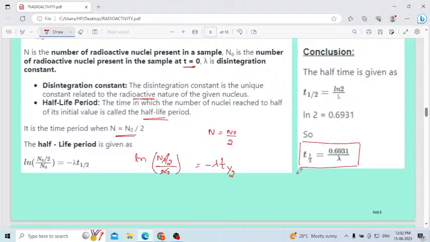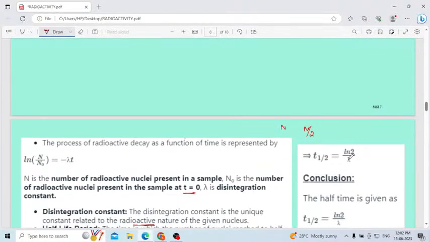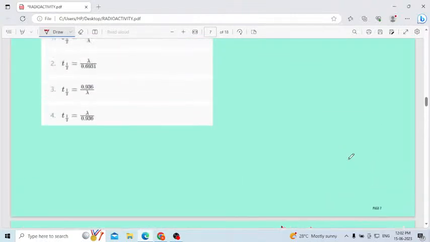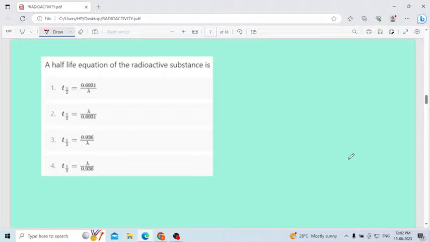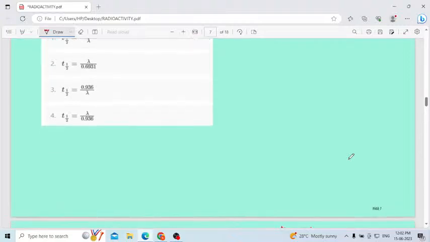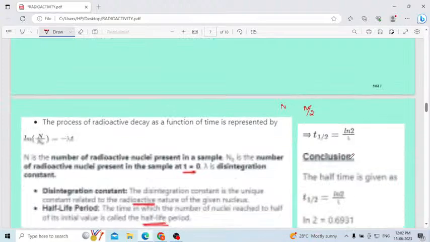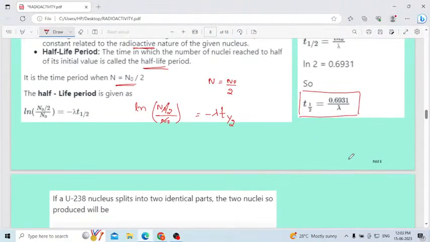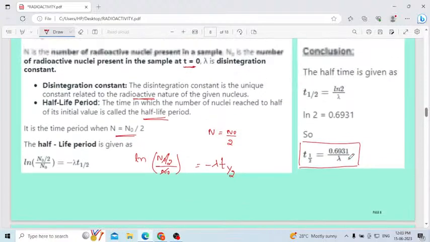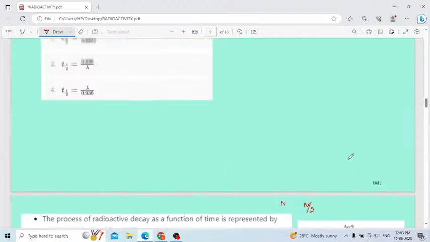It is 0.6931. T half equals 0.6931 divided by lambda. Therefore, what is the answer for this question? The half-life equation of the radioactive substance is T half equals 0.6931 divided by lambda.